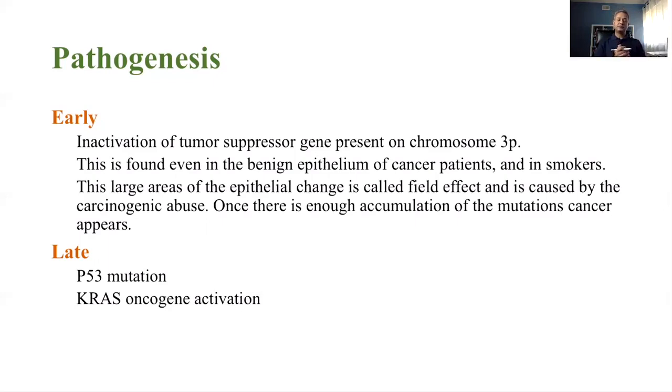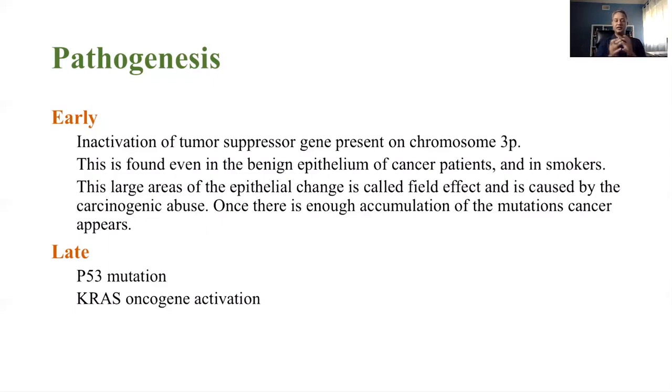So if you see, the most important early signs are inactivation of tumor suppressor genes present on 3p. And this is very interesting that even the patients who have benign lesions, their epithelium shows mutations of the genes. Similarly, even the smokers who do not yet have cancers, their epithelium starts exhibiting gene mutations.